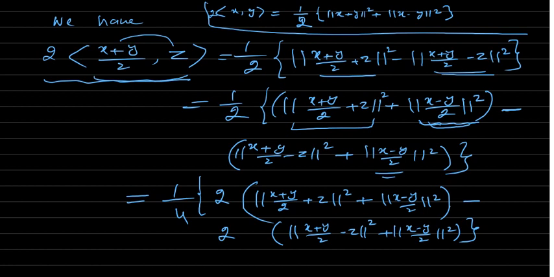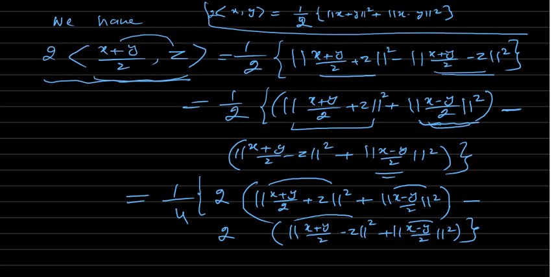So look at this. It's like this: twice norm of x square plus norm of y square. Here it's again twice norm of x square plus norm of y square. So instead of x we have (x plus y)/2 plus z, and instead of y we have (x minus y)/2. And in the second case, what is in place of x? (x plus y)/2 minus z, and in place of y, (x minus y)/2.